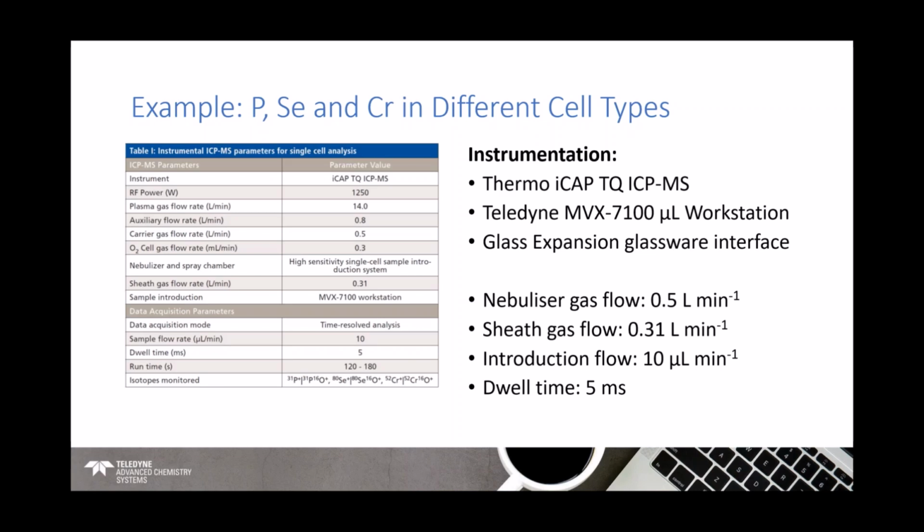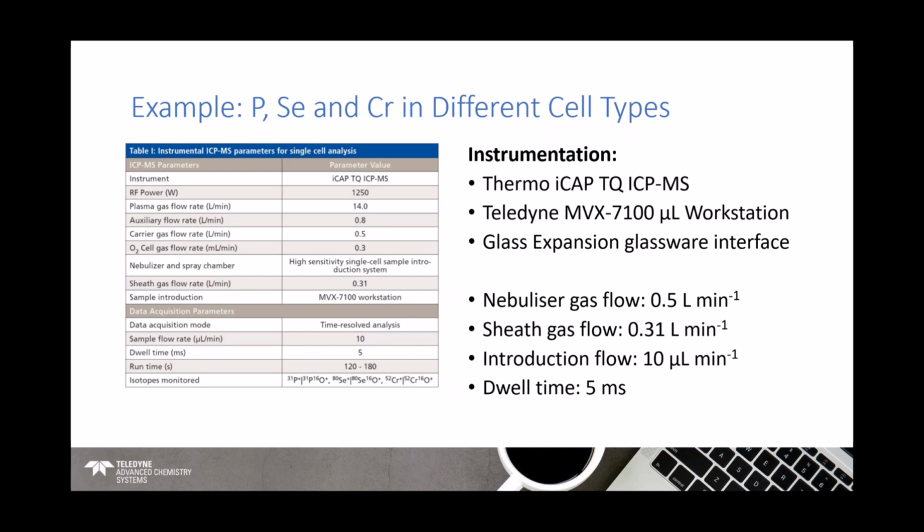They were introducing the sample volumes at 10 microliters per minute, which is particularly slow. This is a very slow introduction flow rate, and certainly not something that is particularly easy to achieve with a peristaltic pump, but is very easy to achieve with a syringe pump driven system like the MVX 7100 system. So they were introducing these samples at that flow rate with a dwell time of 5 milliseconds. So they were able to capture those single events as they went through.